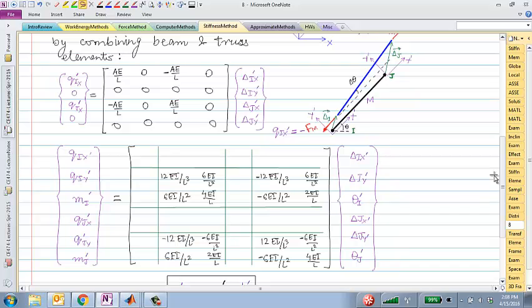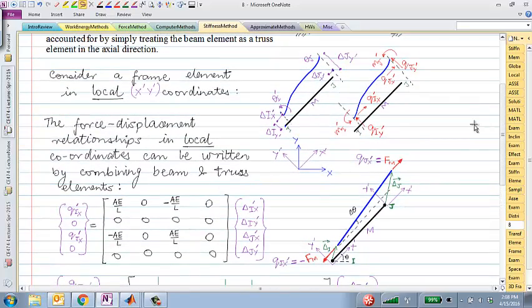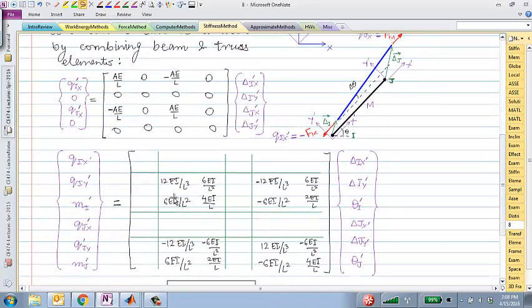Just like for the truss problems, we had local and global. Here again, we will have local and global coordinate systems. We already know the relationship in the local coordinate system. The only thing is that we have to combine these two things. And by the way, the first thing that you should note is the way I have written this relationship here, I'm saying Q i y prime, M i, Q j y prime, M j.